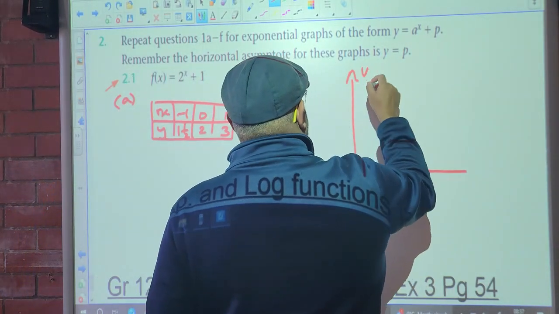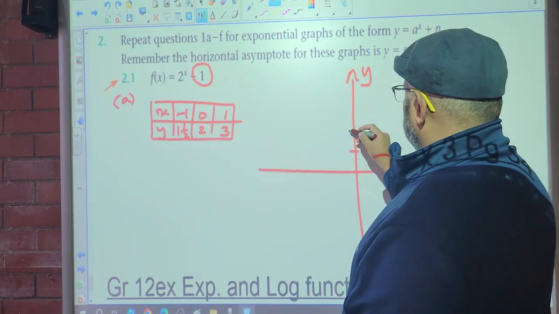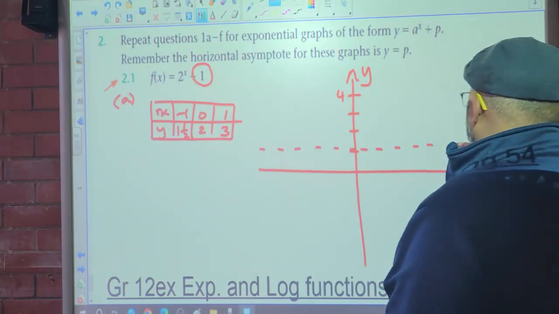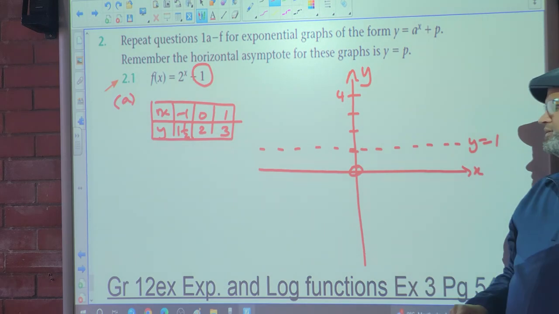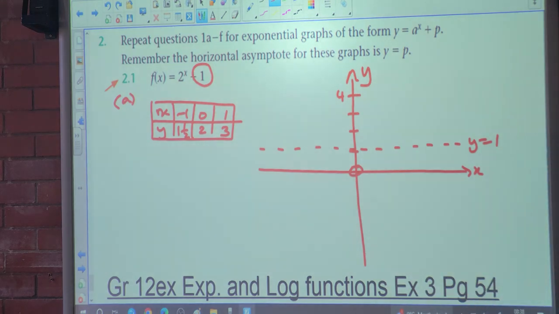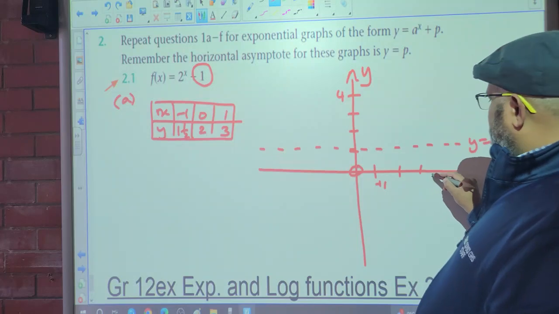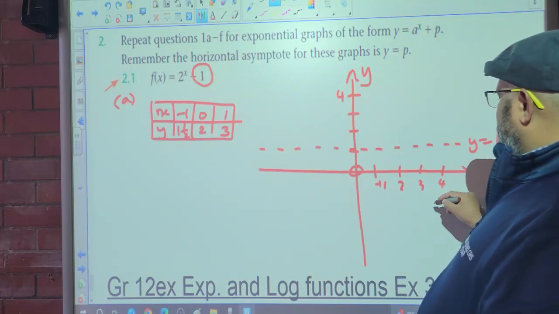Remember, where do we start? We always start with the horizontal asymptote. The horizontal asymptote here is y is equal to 1.